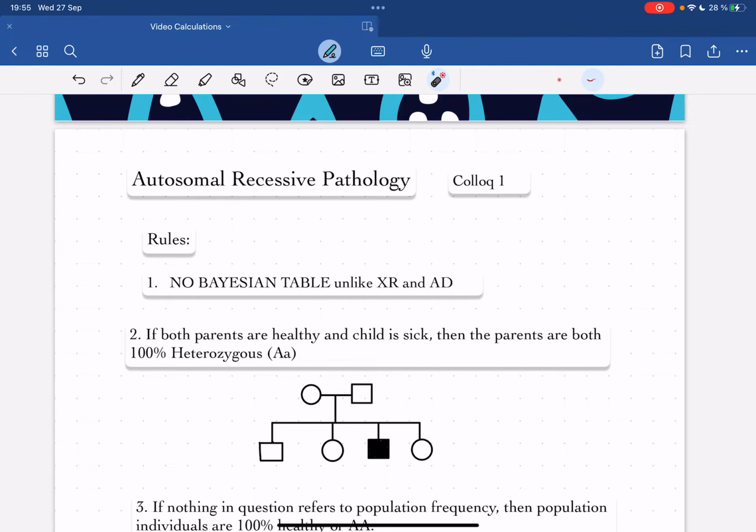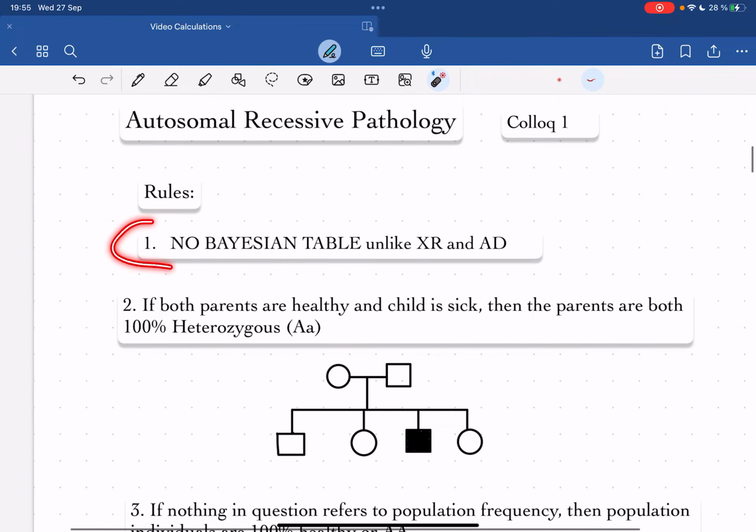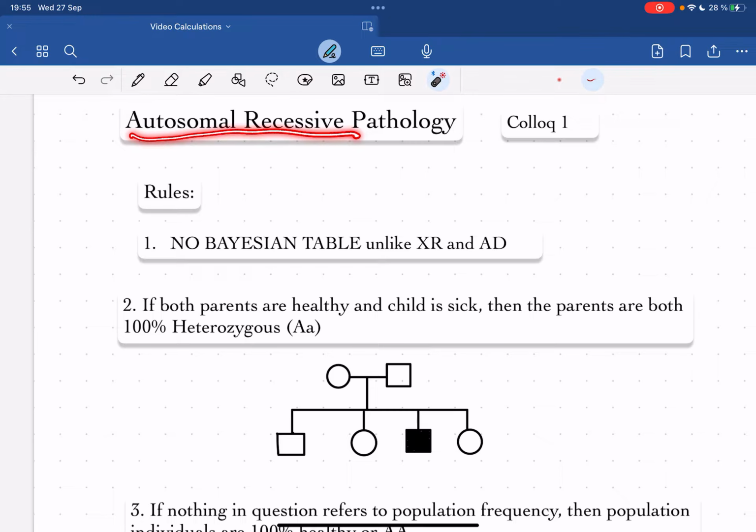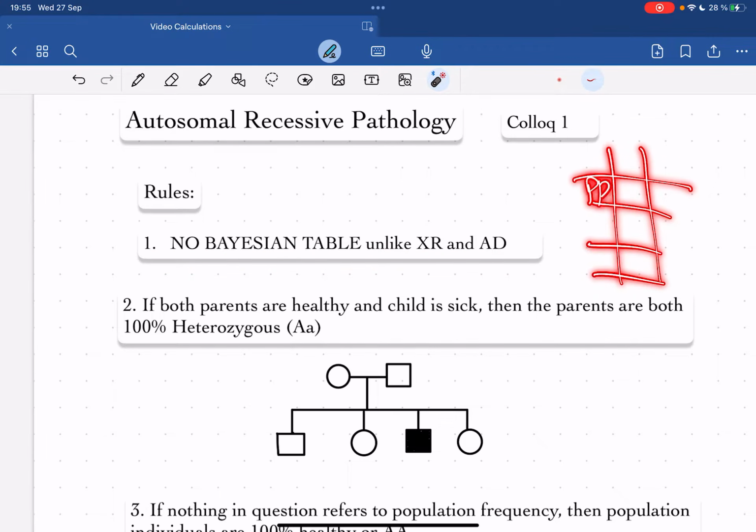Perfect. Let's start. Rules. Number 1. When it comes to autosomal recessive specifically, not XR, we don't use a Bayesian table. You remember a Bayesian table looked kind of like this, and then we had the PP, CP, etc. We use it for the XR pathology, and we use it for AD.